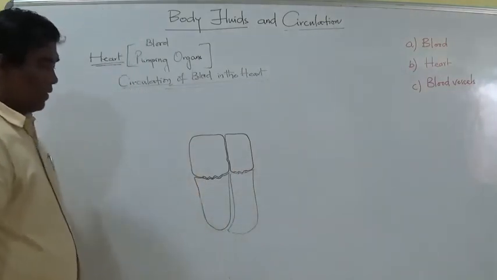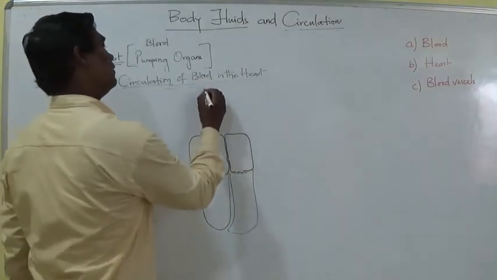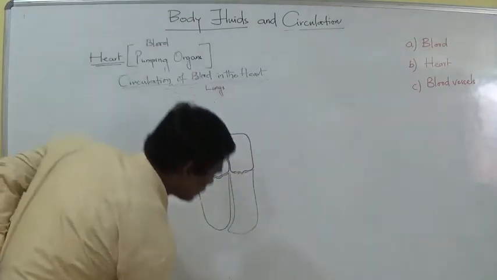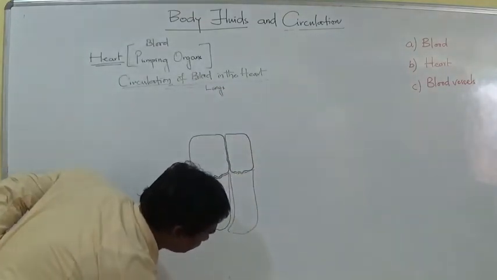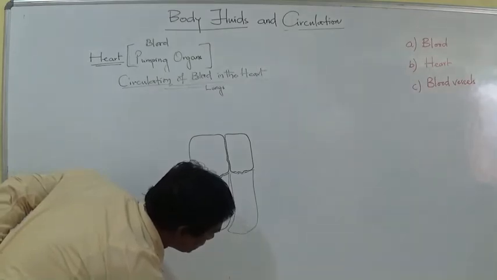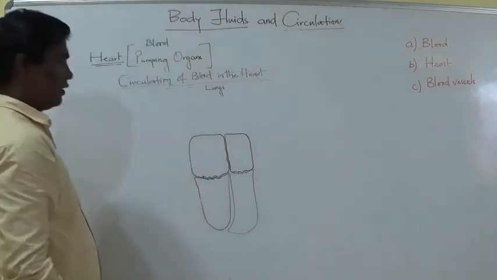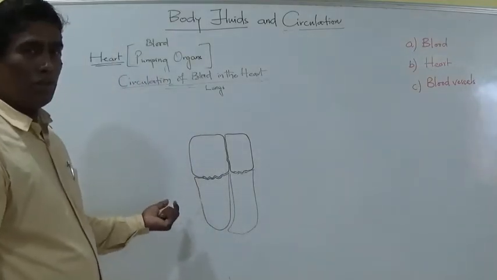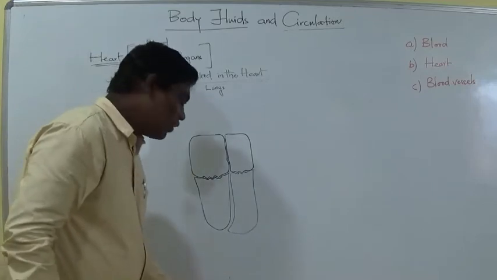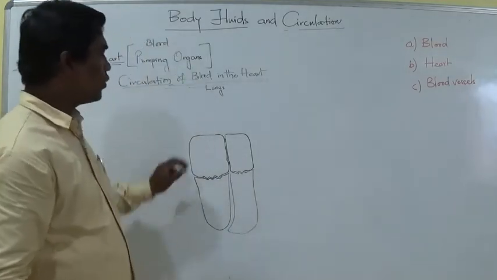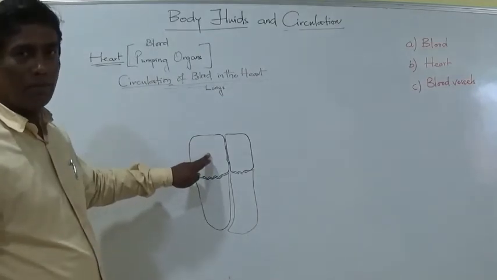Okay. This is the heart. Let us think this is the lungs, and these are the body organs, body parts or tissues, what we call them. As I mentioned, usually the deoxygenated blood from the body parts is poured into the right chamber.